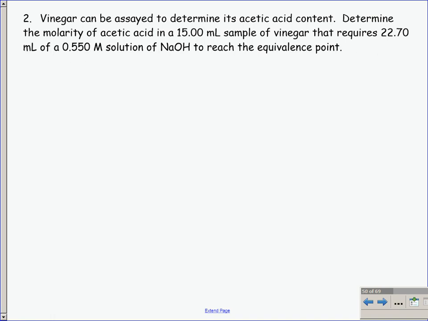Vinegar is basically a solution of acetic acid. Vinegar can be tested, assayed is the word for tested, to determine its acetic acid content. So it's just saying you're looking at the process of determining the molarity of acetic acid in vinegar.